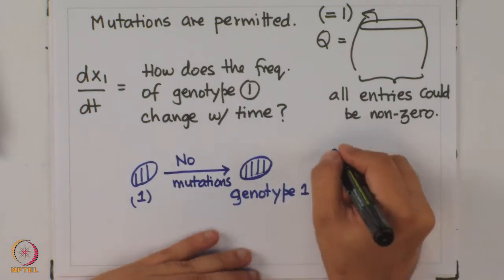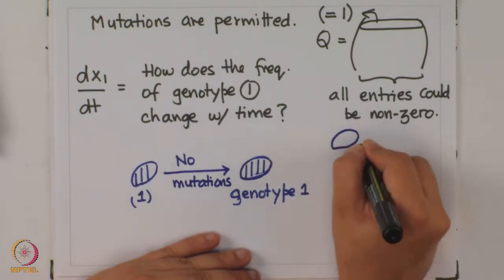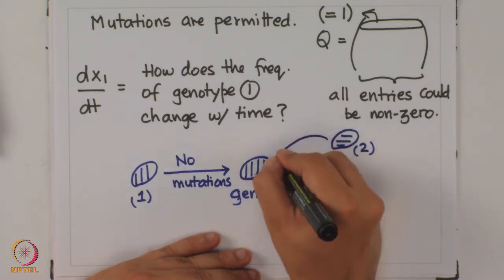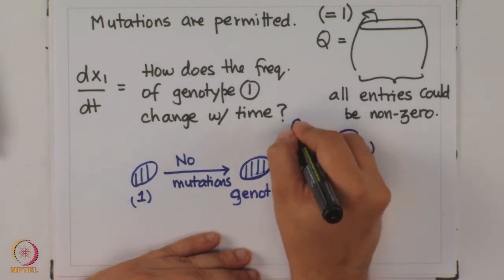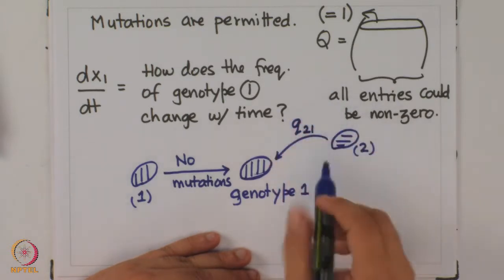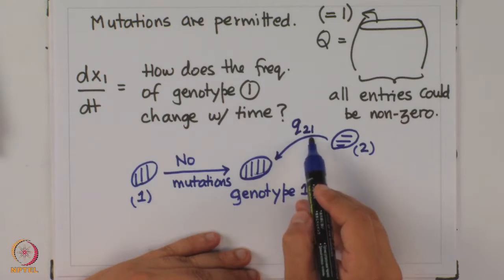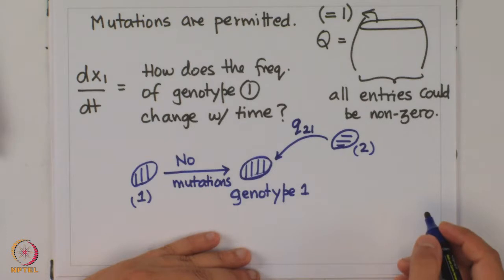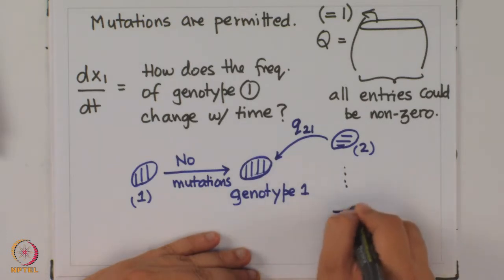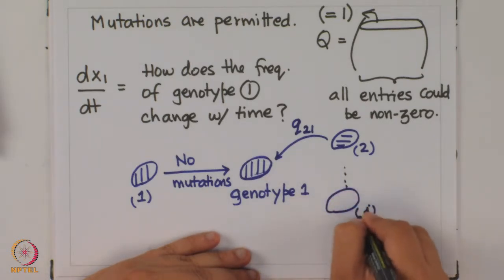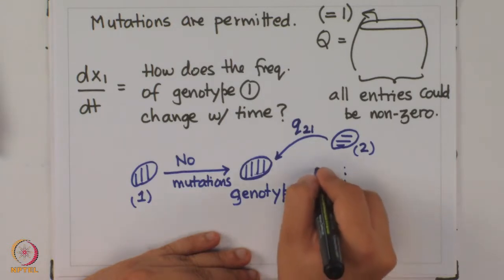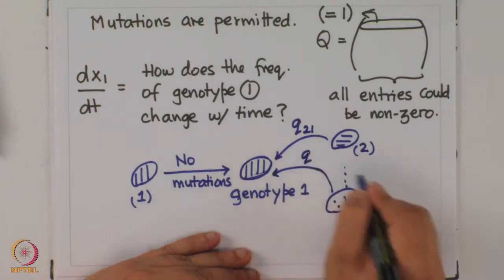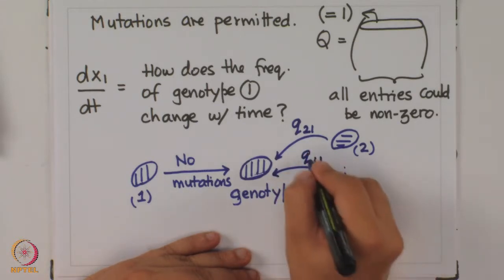On the other hand, I could also have an individual of genotype 2, and when this replicates, mutation occurred with probability q21, that the second genotype replicated and the progeny belonged to the first genotype, and that could also give me a genotype 1. This goes on and if I have genotype i, when this replicates, it could give me a genotype 1 with the probability qi1.